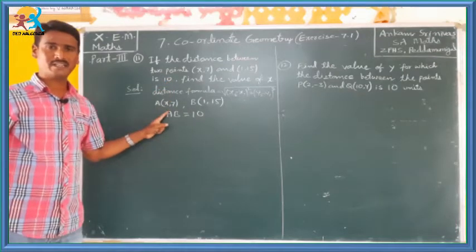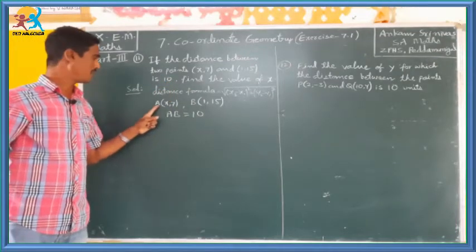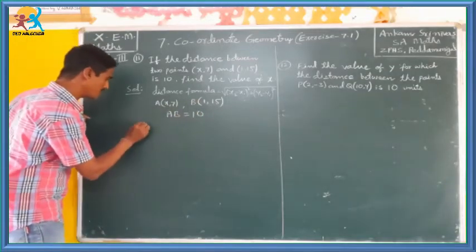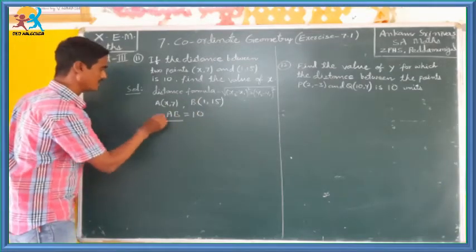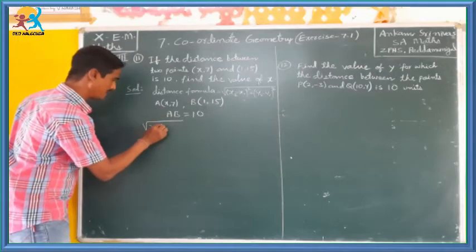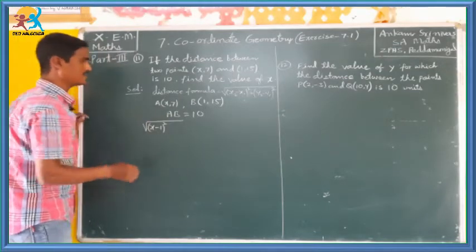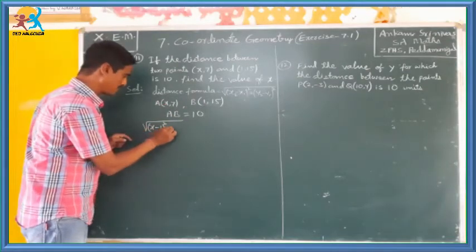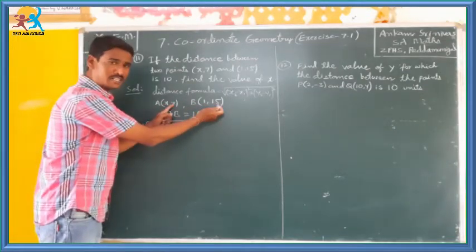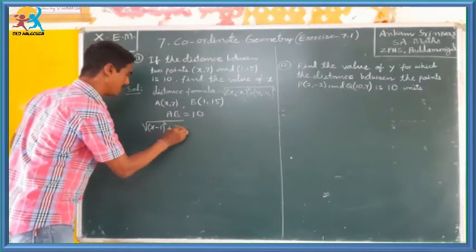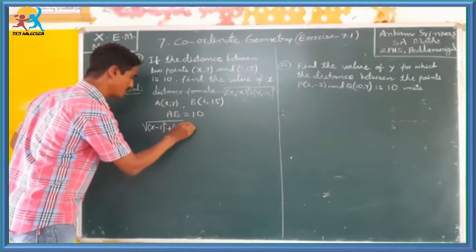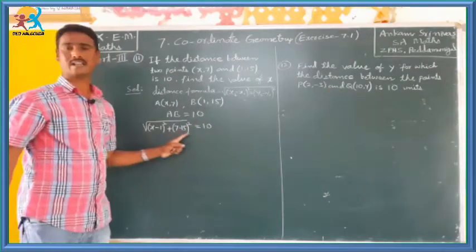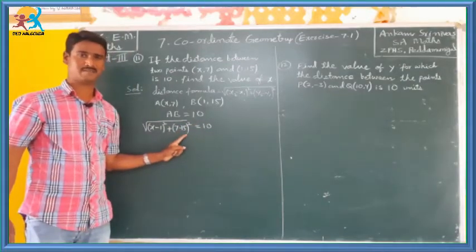Now what is the distance between point A and B? The formula is square root of x minus x1 whole square, that means difference of first coordinates whole square, plus difference of second coordinates whole square. 7 minus 15 whole square equal to 10. Clearly we know this formula.